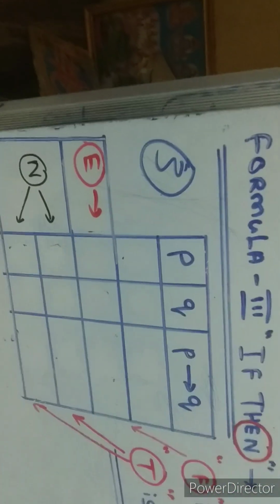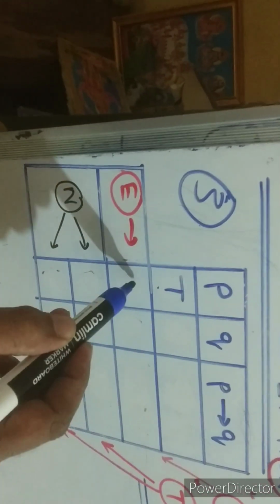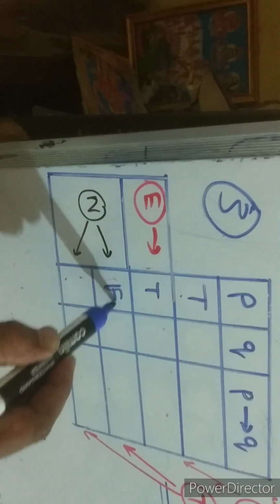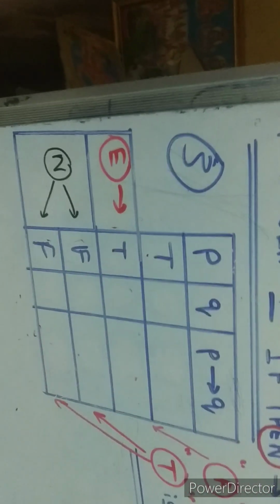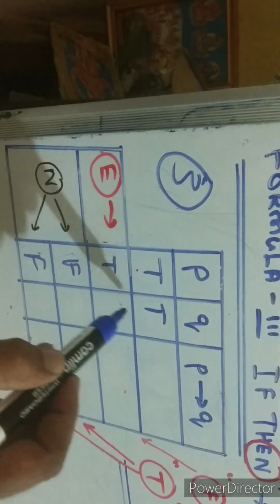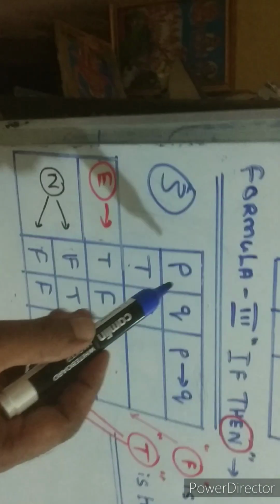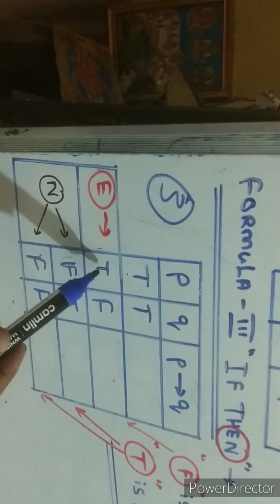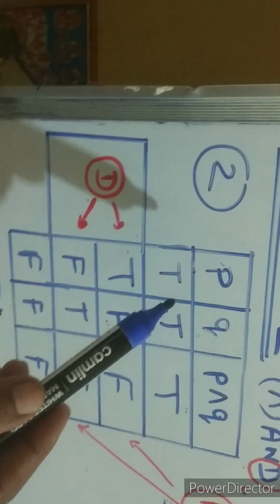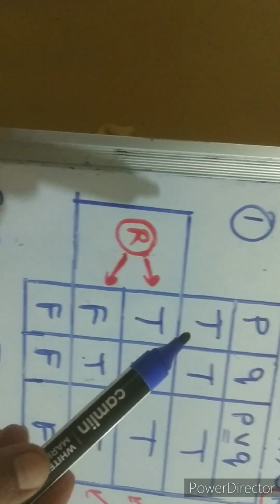Now T, F, and here alternately T, F. So P is always two times T, two times F. Here also the same, two times T, two times F in formula 1.